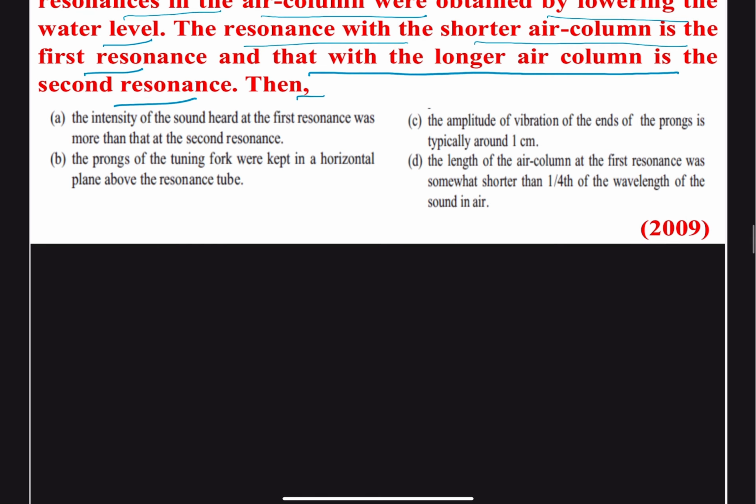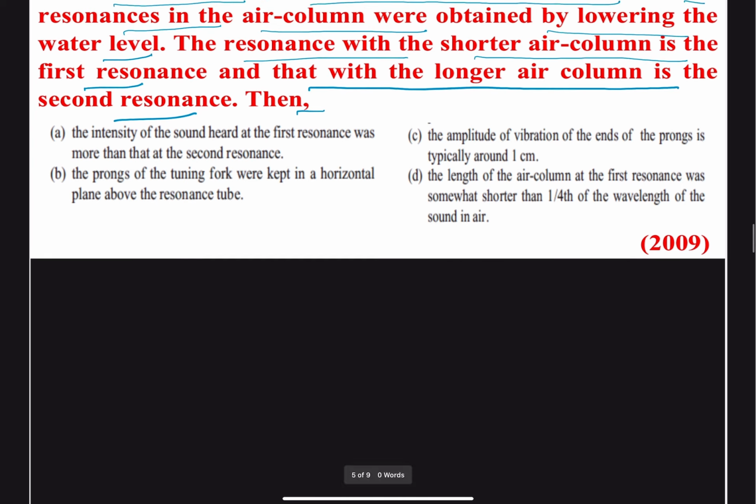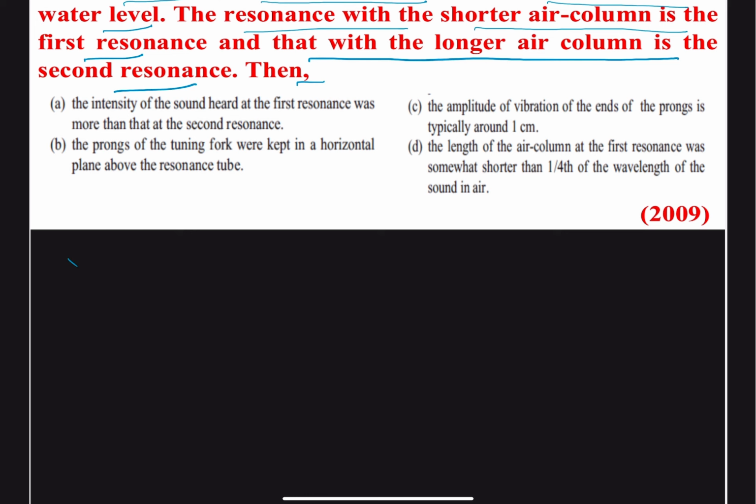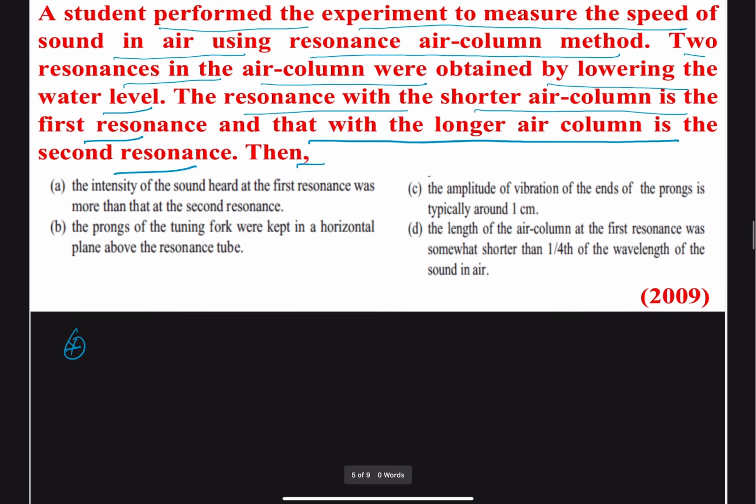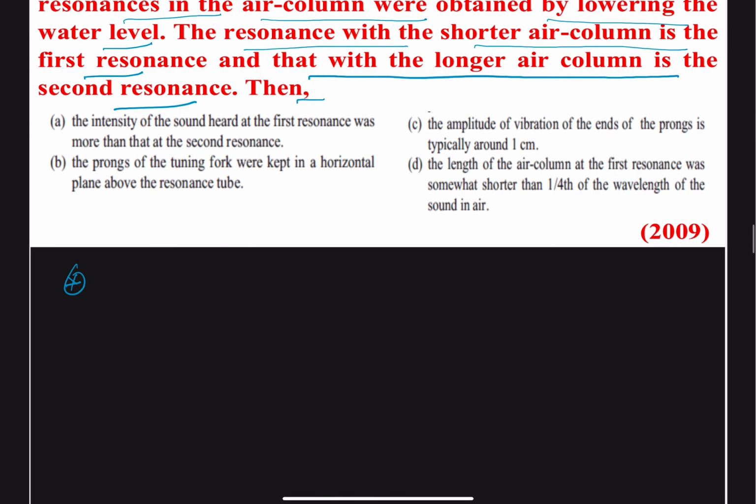So first of all, let us try to understand what the air column approach is. Basically, this air column is our closed pipe. It means one end is open and the other end is closed.